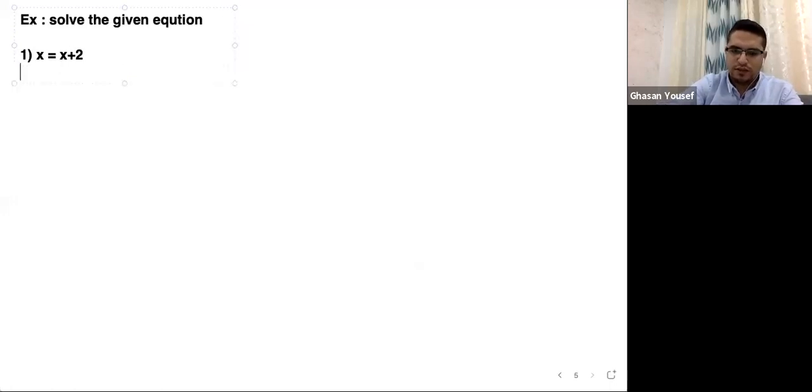The second question is when x squared is less than x plus 2. And the third one is x squared greater than the function x plus 2.